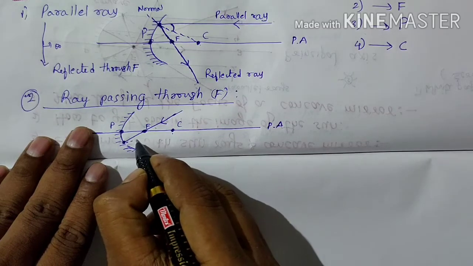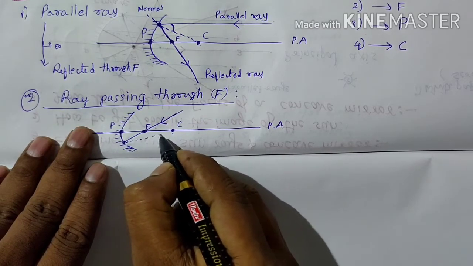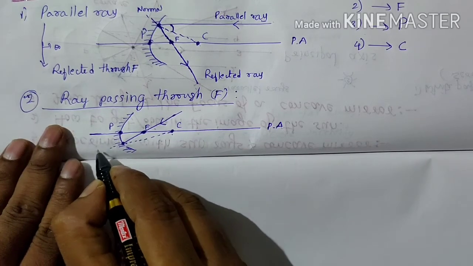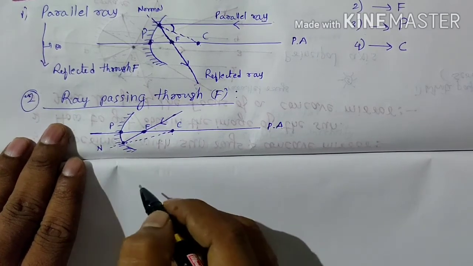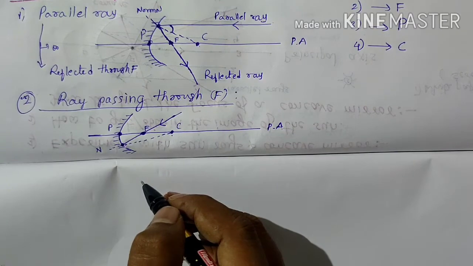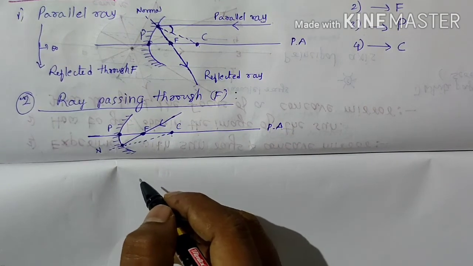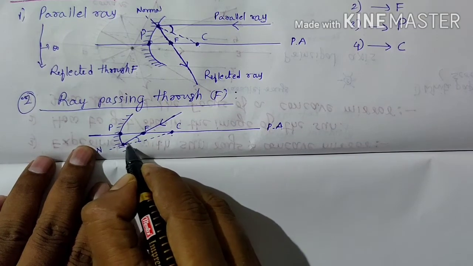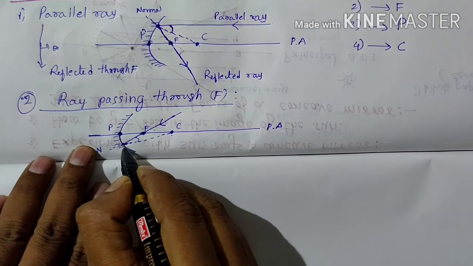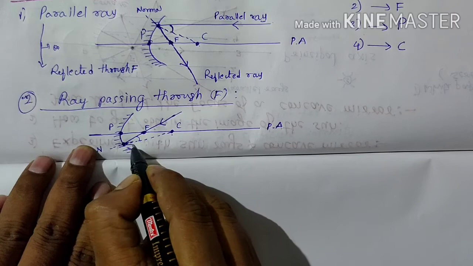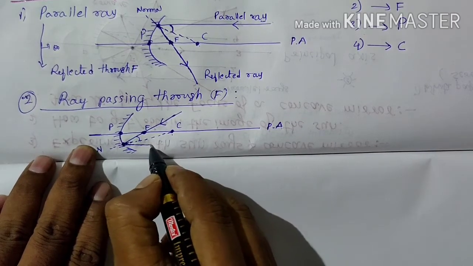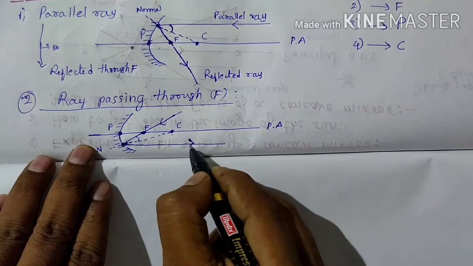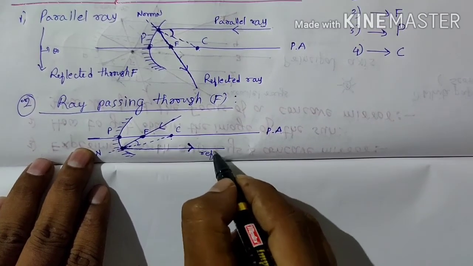Simply draw a dotted line from the point of incidence to the center of curvature, and this is the normal. Now we have to draw the reflected ray by making the same angle. So this is the reflected ray.